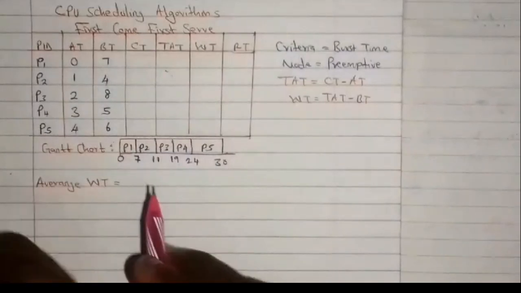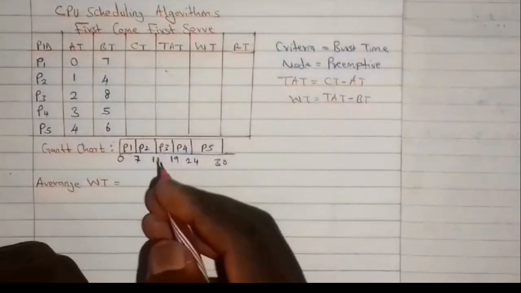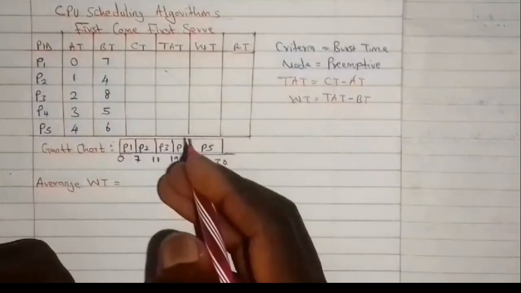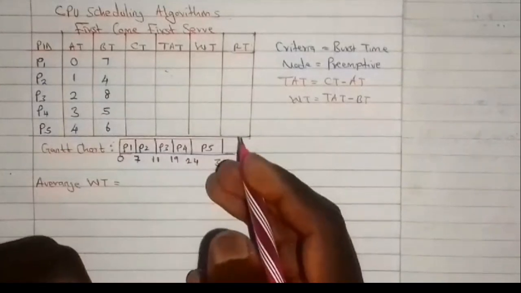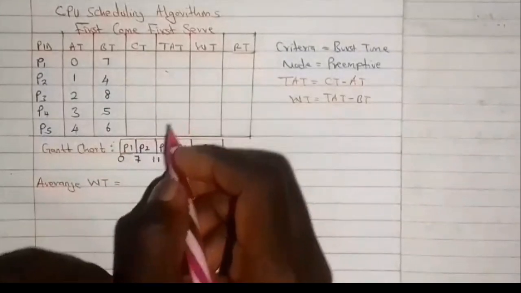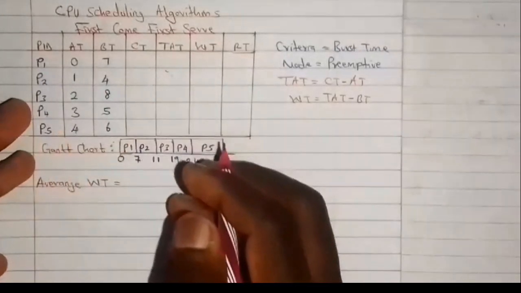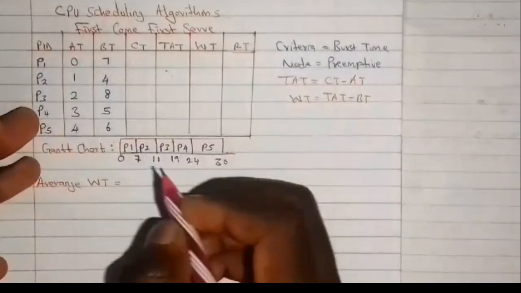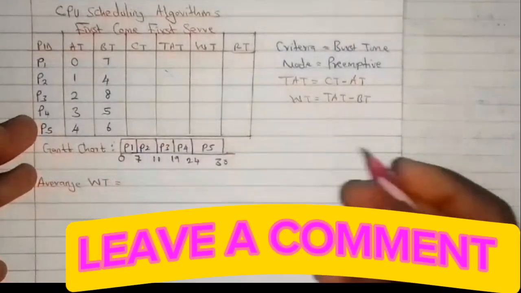After drawing the Gantt chart, it will help you to find the completion time, and after that you calculate the turnaround time, waiting time, and finally response time. I want us to calculate the completion time. Completion time is the time when the process finishes its execution.